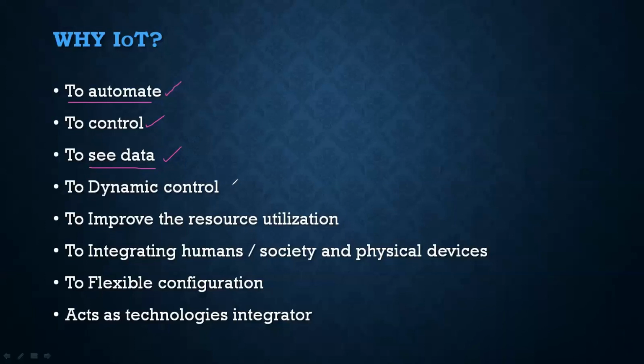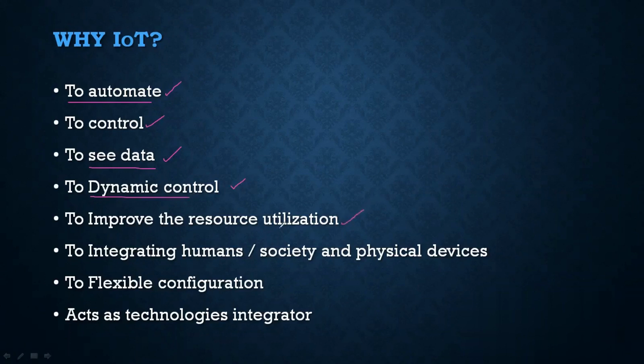And next thing is dynamic control. So dynamic control of daily life and industry-oriented machines. You can dynamically control from where you are. You can control your daily life with IoT, and it improves the resource utilization also.